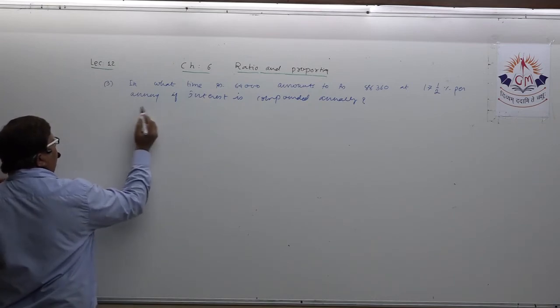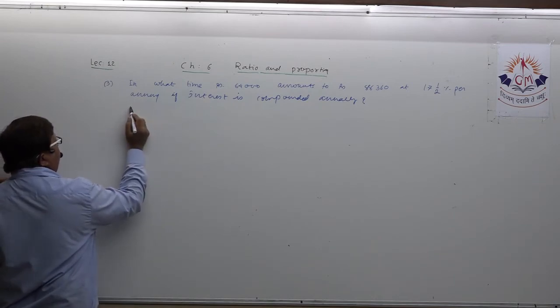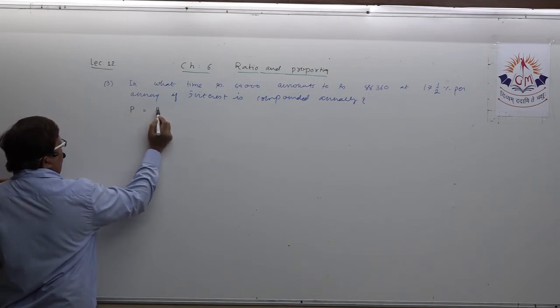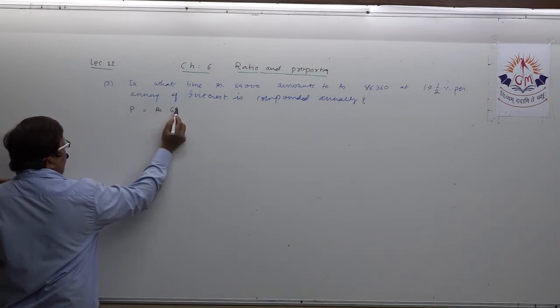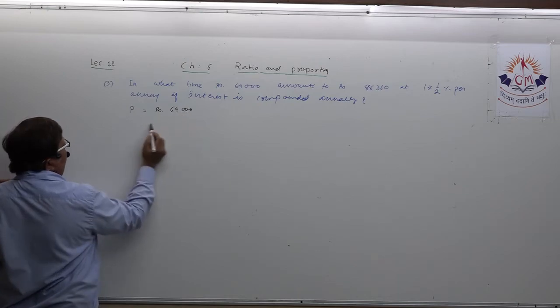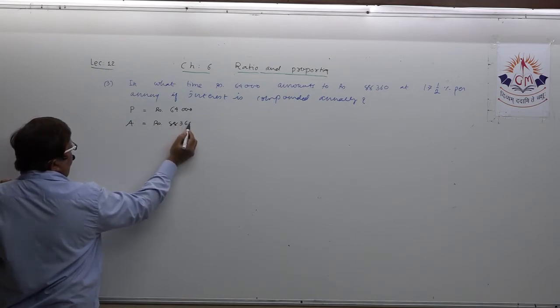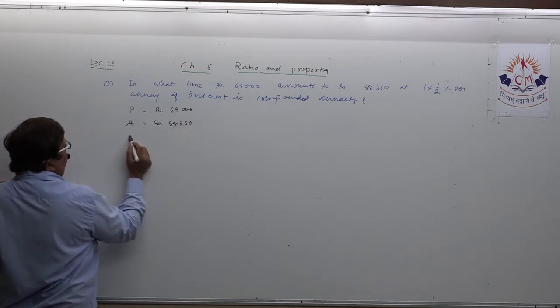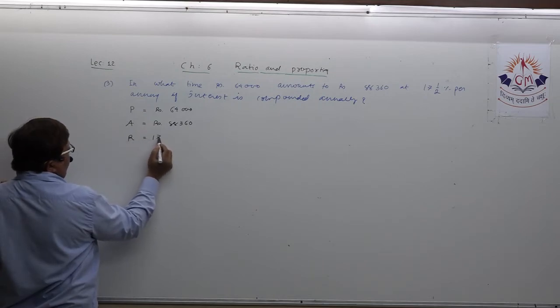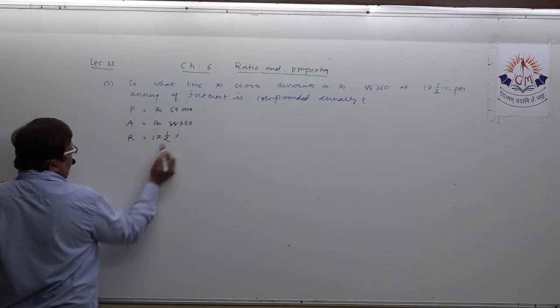Okay, first let us write what is given. P is rupees 64,000. The amount is rupees 88,360. The rate of interest is 17.5%.